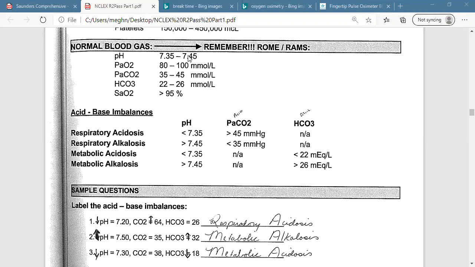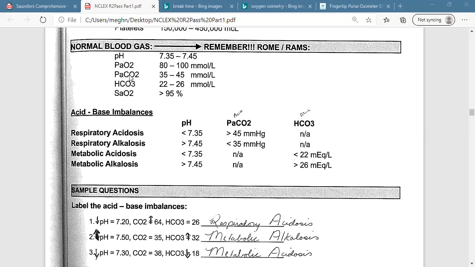Note number 2: the partial pressure of carbon dioxide. Keep in mind, when we take a deep breath, what do we take from the environment? Carbon dioxide. Where does carbon dioxide go? Our lungs.